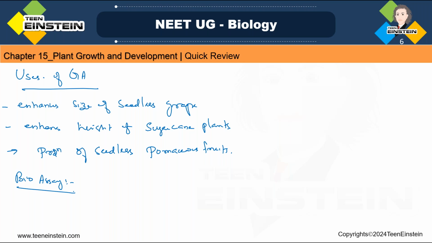So in the bioassay of gibberellin, we can mention 3 tests: dwarf maize, pea test, cereal endosperm test. These are the bioassays of gibberellin.